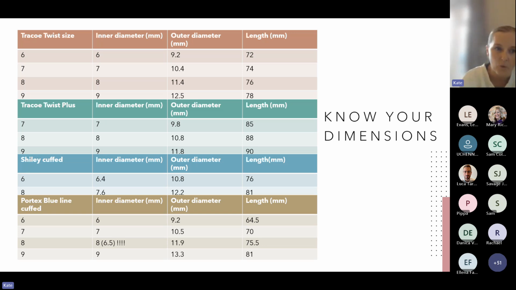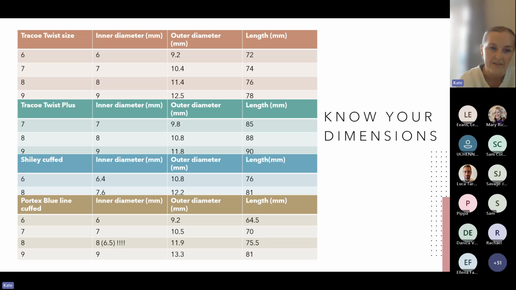And then you have the Portexes as well. So the Portex Blue Line, which we previously used in our trust, they say that the inner diameter is a size 8 in millimetres. But what you need to be aware of is that they are measuring the inside of the outer cannula, so at that point they haven't got the inner cannula in situ.